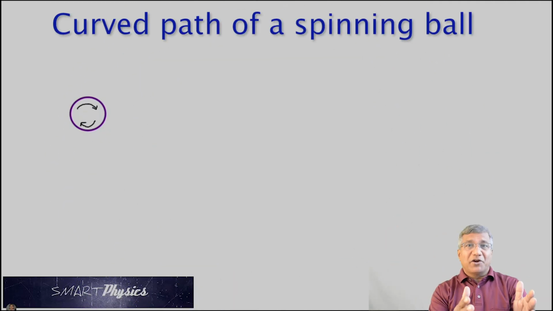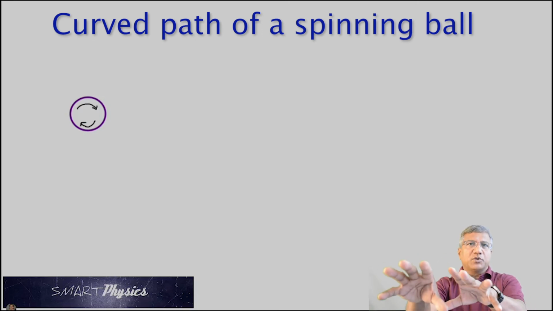Well, I hope you enjoyed the animation where you could see that with the spin, the ball curves a little bit more than it would have done under the action of gravity alone. So we're assuming clockwise spin, and when the ball spins, the air around the ball is moving in the same direction, in the clockwise direction.